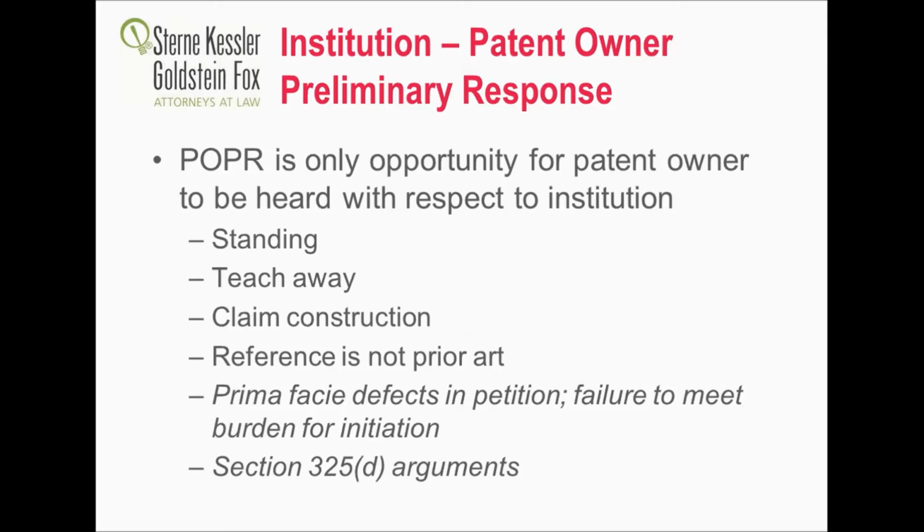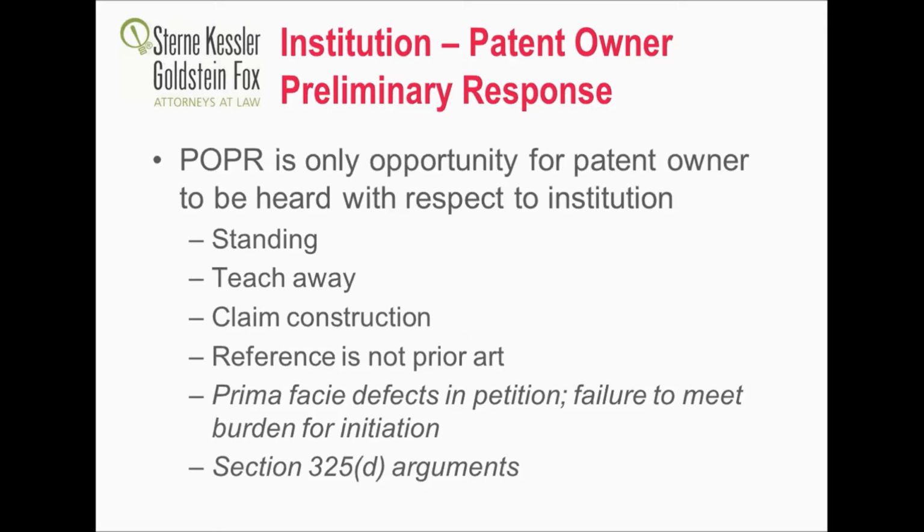And finally, an often overlooked argument is what we call a Section 325(d) argument. Section 325(d), you'll find it in the PGR section of the statute, but it allows the board to take into consideration, when determining whether to institute a review, whether or not the office has already dealt with the same art or substantially similar art, or the same arguments or substantially similar arguments before.